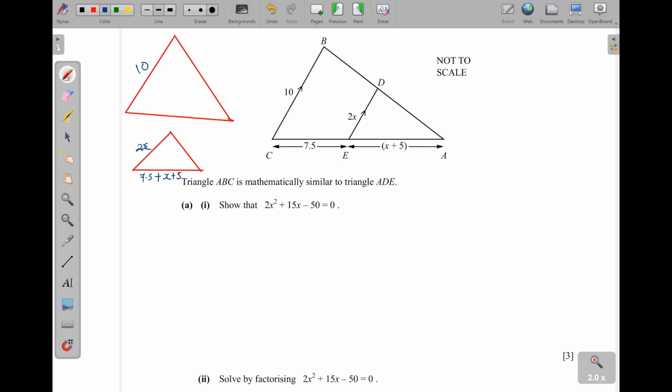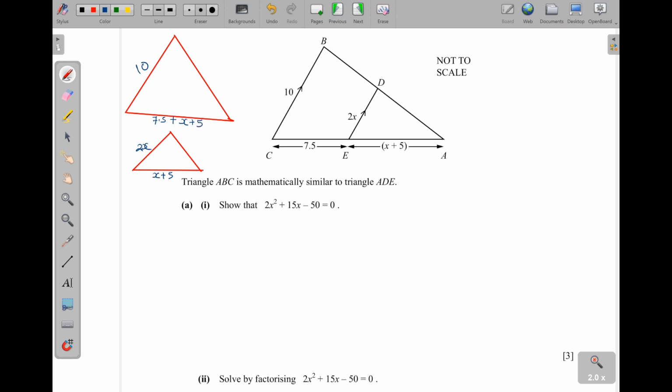Okay. Oh, no. It's very wrong. This is the smaller one. So that means here we are having x plus 5. And then for this one, it will be 7.5, then plus the x plus 5.